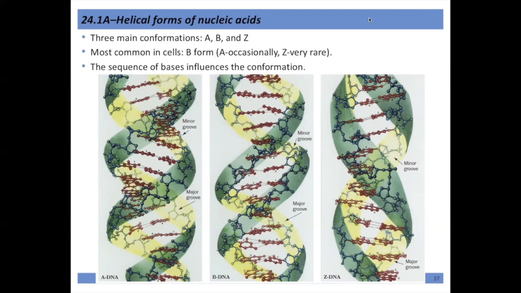The minor groove tends to be a little bit more narrow, and the bases are kind of flat. And then you look at Z DNA, and the first thing that should stand out there is it's actually a left-handed helix. Again, as we come from out and we start looking, the helix points to the left there.